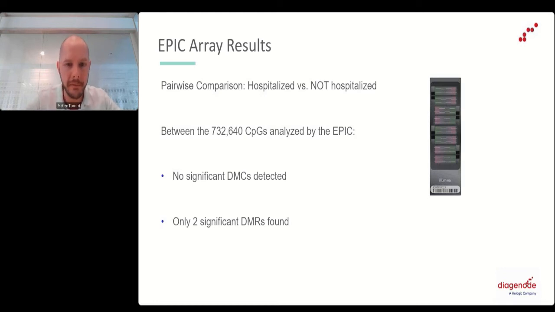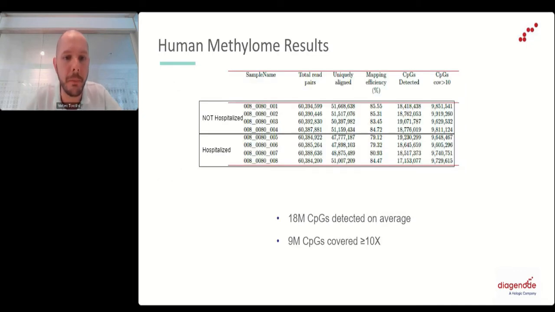On the other hand, looking at the human methylome results, we were able to detect more than 18 million CpGs, and half of those, roughly 9 million CpGs, were covered with a high coverage.